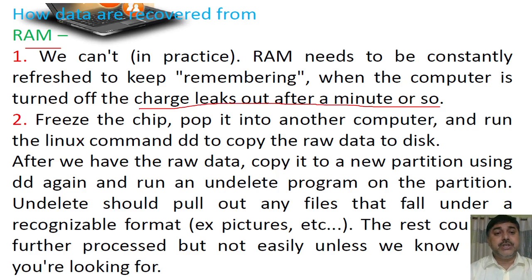The chips are popped into another computer, and we run Linux. Those are the different types of raw data we are working with. As we find the patterns of raw data that we require, they can be recognized very nicely, and we can format it.